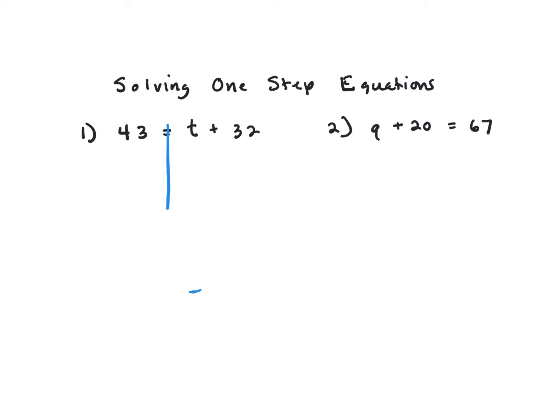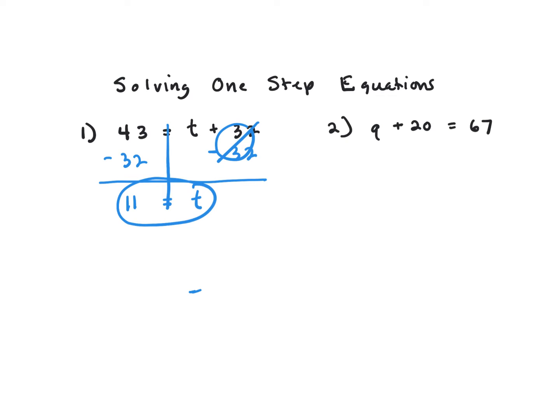So since we see plus 32, we're going to subtract 32. We're doing the opposite of what's being done to the variable. This zeroes out, just cross it out, leaving our variable t, which is what we want. We want to isolate the variable. And then 43 minus 32 would be 11. So this is the solution.